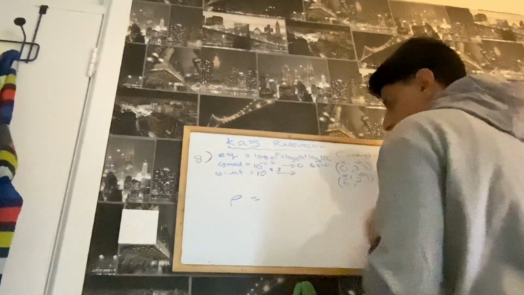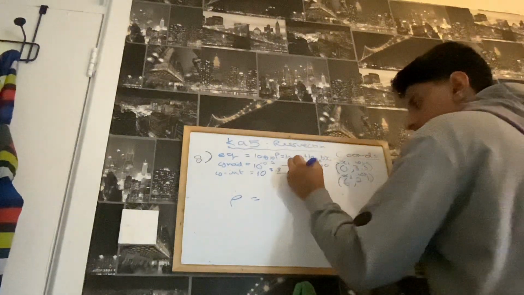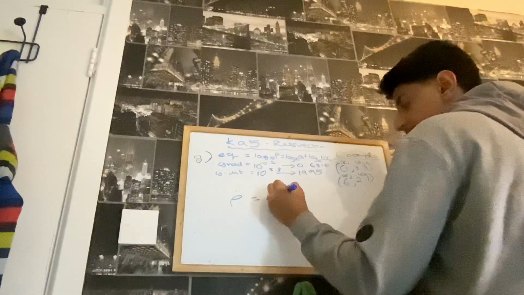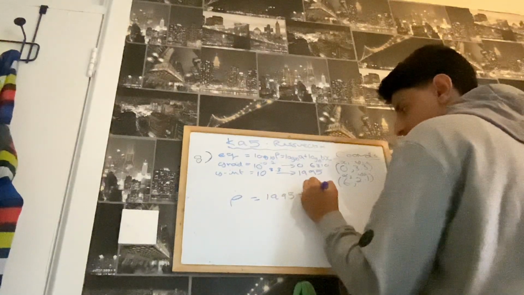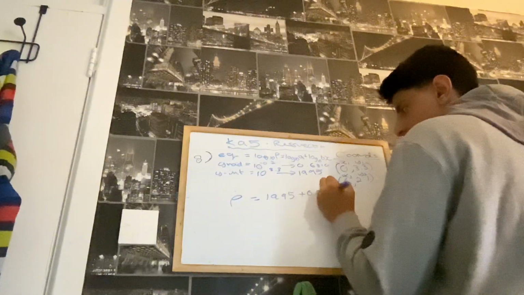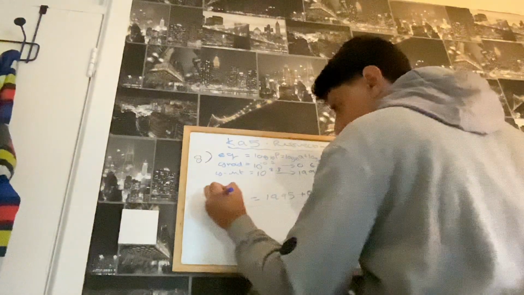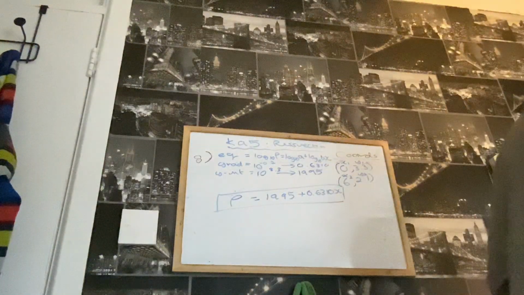The value of our y-intercept would be 1995. So our p would be equal to 1995 plus 0.6310x, and this would be our equation, landing us 4 marks.